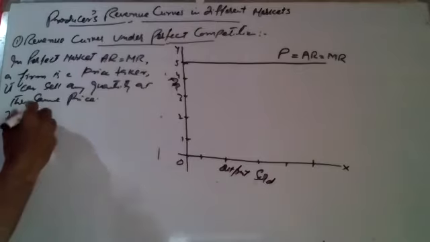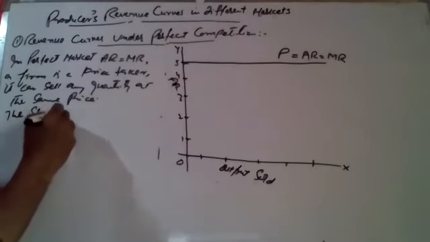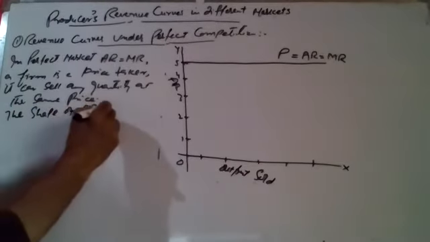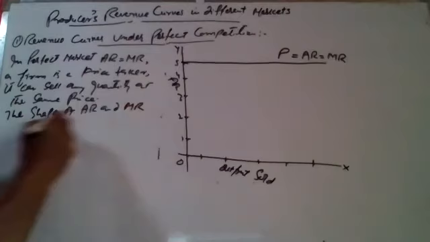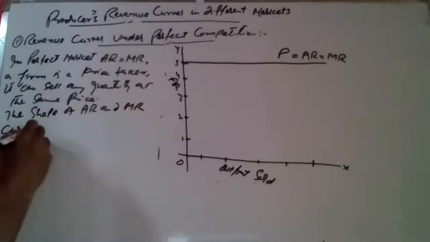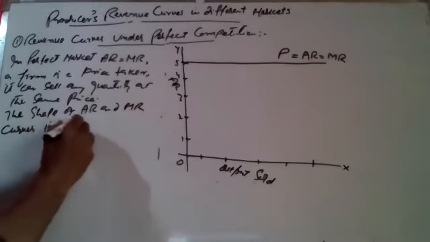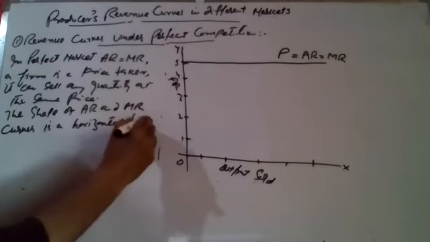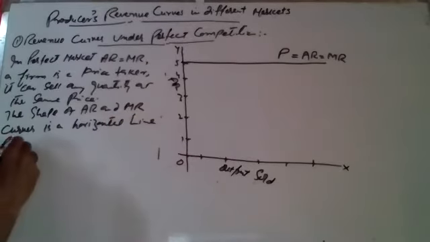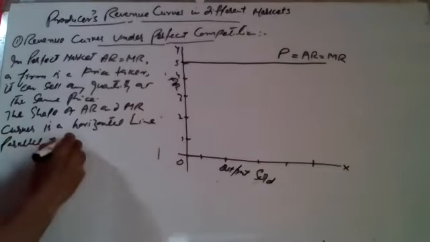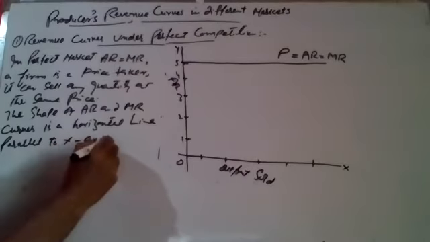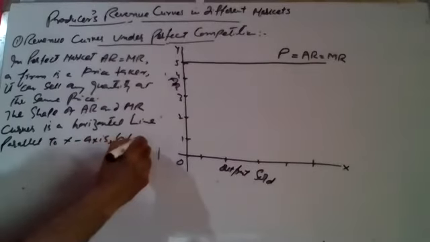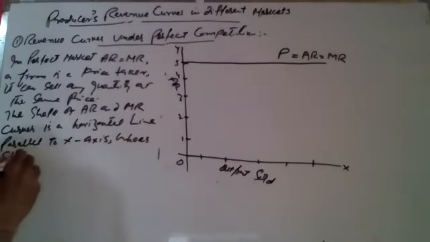The shape of average revenue and marginal revenue curves is a horizontal line parallel to the x-axis, whose slope is zero.